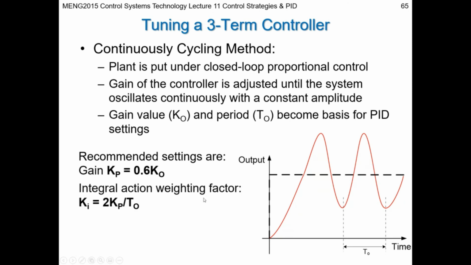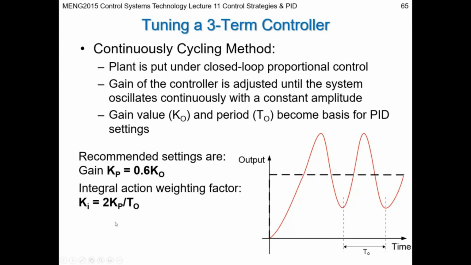Your integral action weighting factor, Ki, is going to be 2 times your Kp over T0. So you take your Kp first and multiply it by 2. If we said we had 3 for our Kp, then 2 times 3 is 6. And if we had 2 seconds, so 4 seconds for our cycle time T0, then 6 over 4 is 1.5, right?